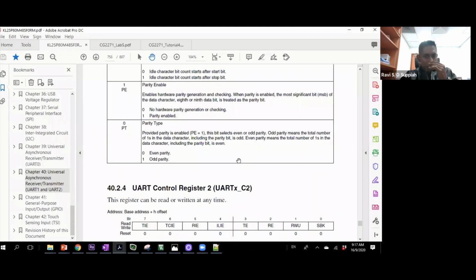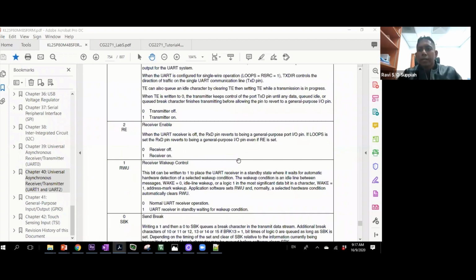Let me jump to C3. Parity is not 9-bit. 9-bit data is the additional 9th bit that you want to send as part of your data packet. When you enable parity and set odd or even, the additional parity bit is automatically generated by the hardware.